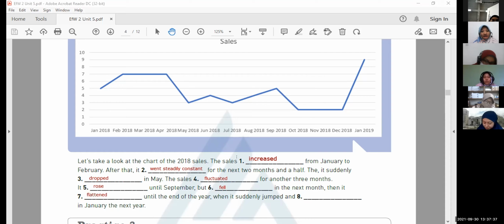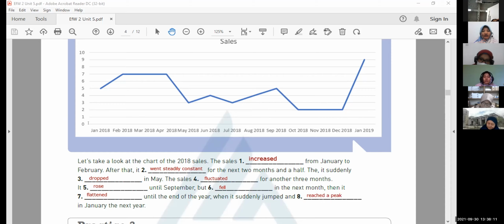And then until the end of the year, when it suddenly jumped and reached a peak in January the next year. Reaching a peak means, you know, when the sales here said 10, but it's not 10, 9 actually. Okay, so this is your answer.